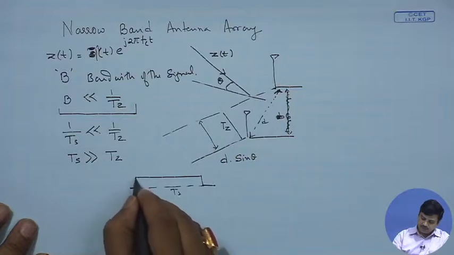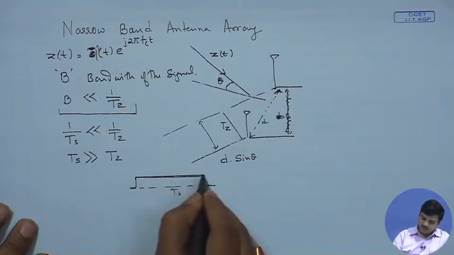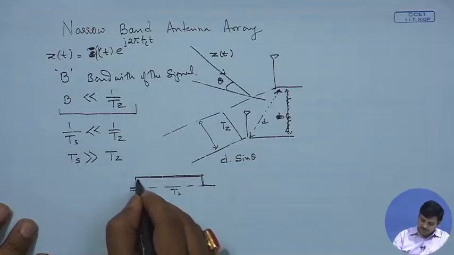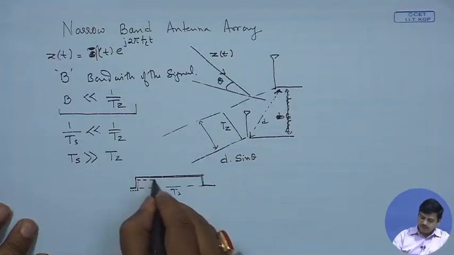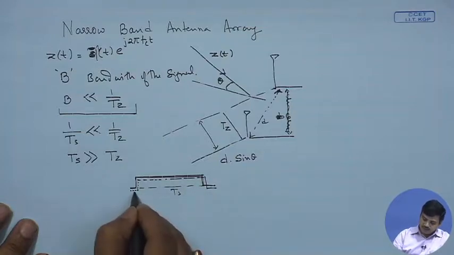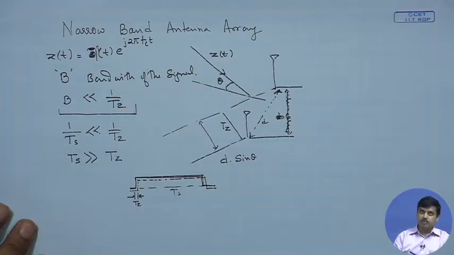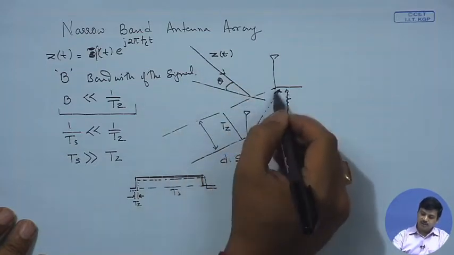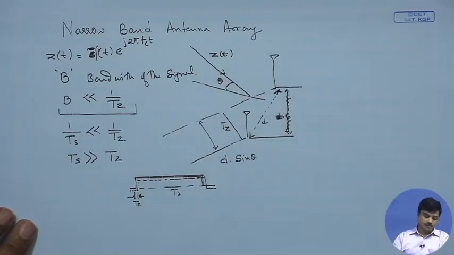So, if this signal arrives at the first antenna, the symbol would arrive at the second antenna as per this dashed representation, and this gap in time is basically Tz, which is due to the propagation of the signal from the first antenna to the second antenna with reference to the angle at which it arrives and the separation distance between the antennas.